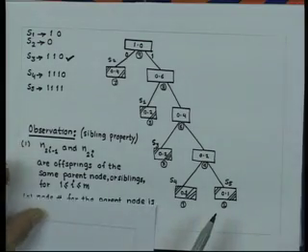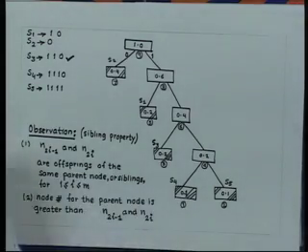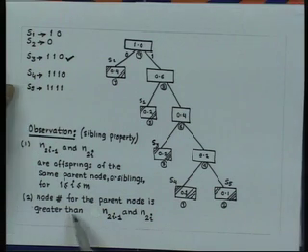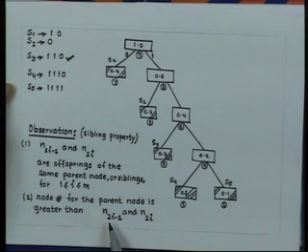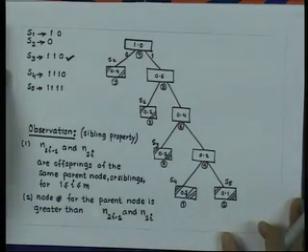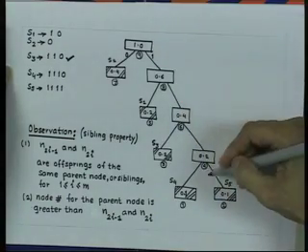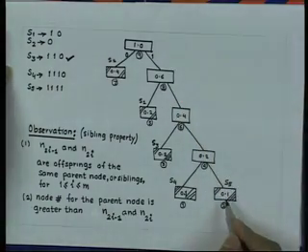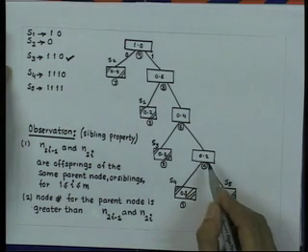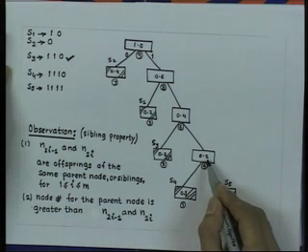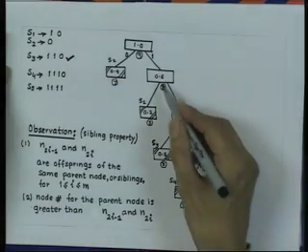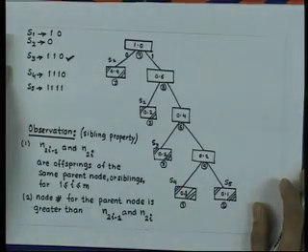Another property which is worth noting is that the node number for the parent node is always greater than the node numbers for the offsprings, that is n 2i minus 1 and n 2i. Another interesting property of this tree is that the nodes with higher weights have higher node numbers and they are closer to the root node.